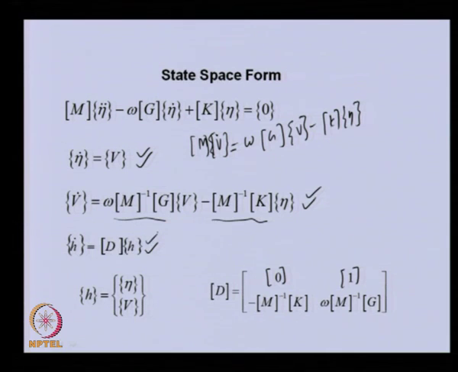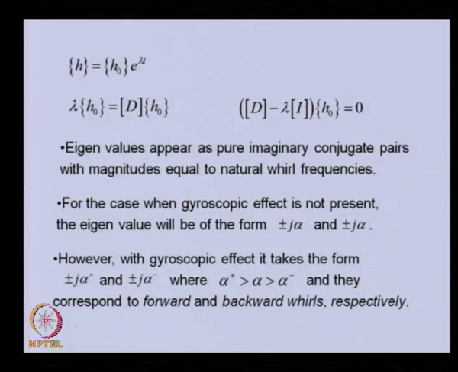Now, the solution of this we can assume as some amplitude times e to the lambda t, where lambda is an eigenvalue. If we substitute this, because only a single derivative is there in the previous equation, we will get lambda h naught is equal to D h naught, which we can bring to one side and take the amplitude as common.